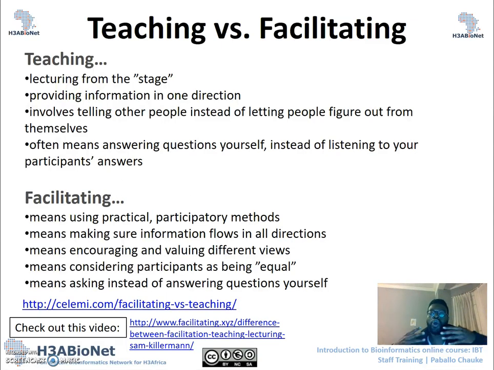I'm the conduit or channel through which knowledge is delivered. So you stand there, as a lecturer or whatever profession you have, usually in front of a group of people watching and listening to you, and they're absorbing from you instead of a two-way street. It involves telling other people instead of letting other people figure things out for themselves.